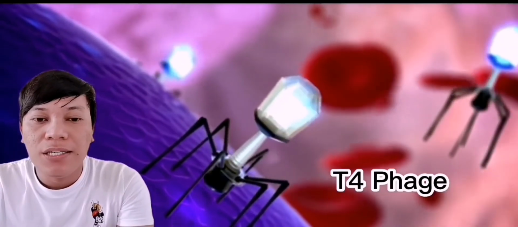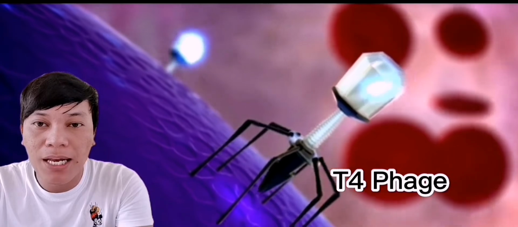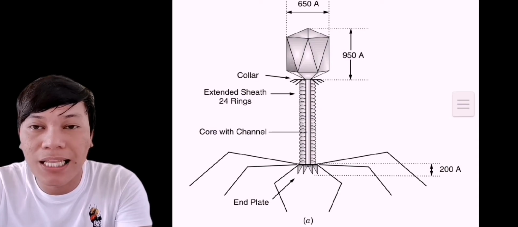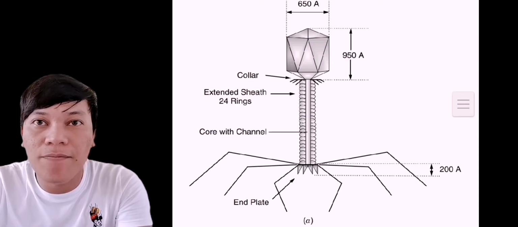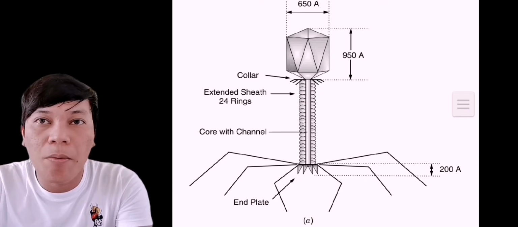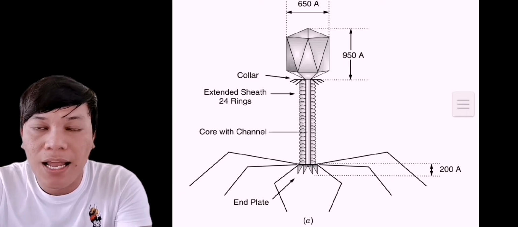So we come now to the T4 phage. The T4 phage is one member of the Myoviridae family of T-even phages, the T2, T4, and T6, like the T-even phages of E. coli. As you can see in figure 6.4, this is a schematic representation of the phage T4 virion, its component parts, and penetration of the phage core through the bacterial envelope.